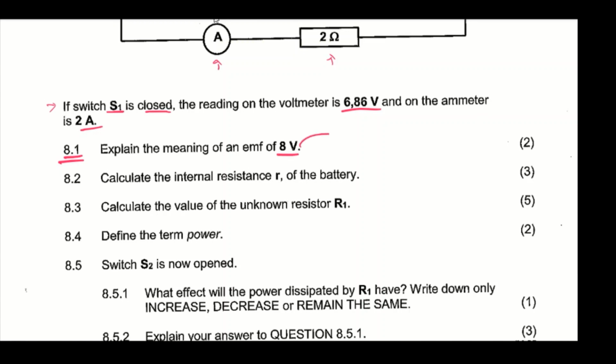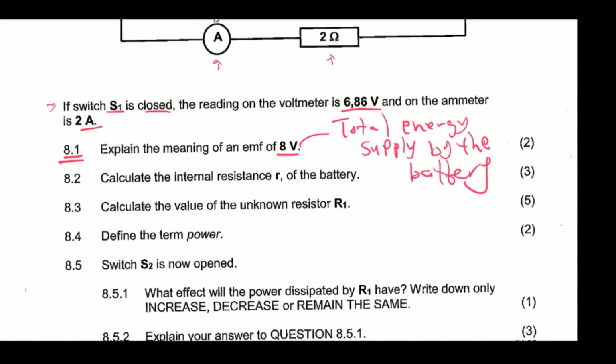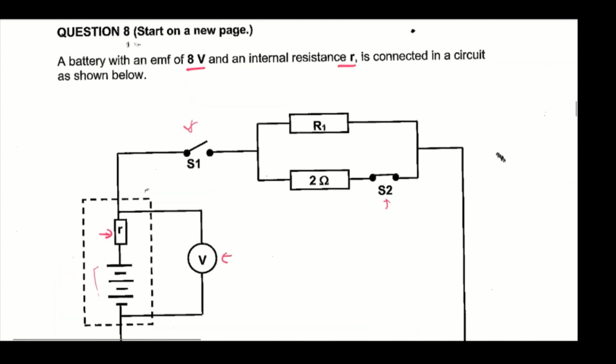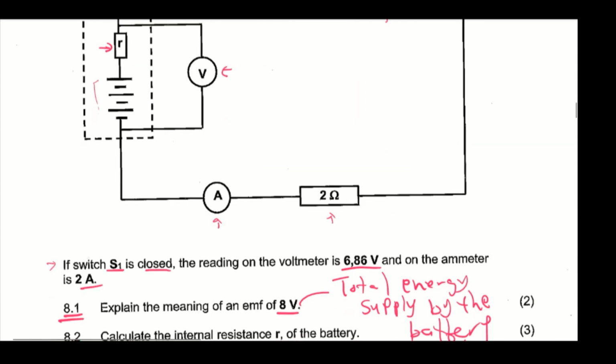So this 8 volts just means the total energy supplied by the battery, right? We were told about this 8 volts of the EMF, right? So it's just the total energy supply of the battery.